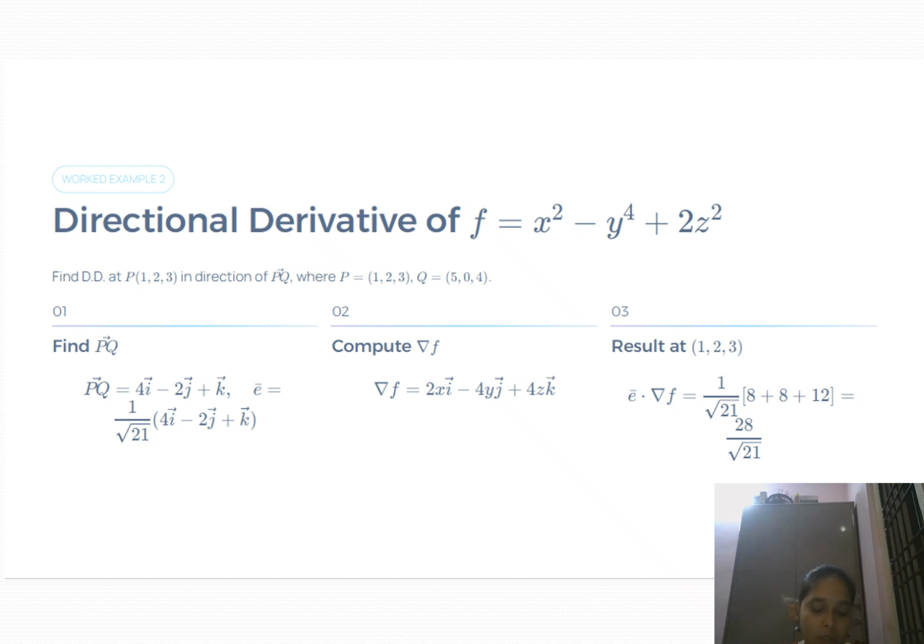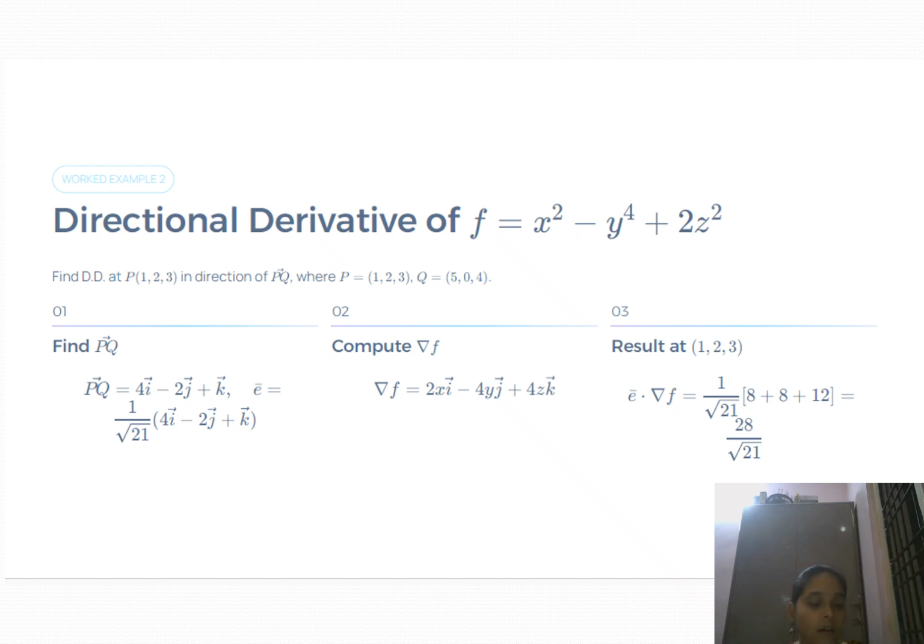E bar is the unit vector along PQ bar, which is PQ bar divided by mod PQ bar. Here PQ bar is 4i bar minus 2j bar plus k bar, so we get 1 by root 21 into (4i bar minus 2j bar plus k bar).